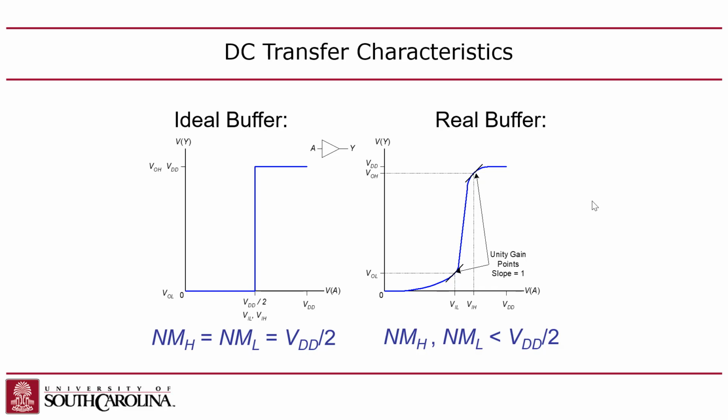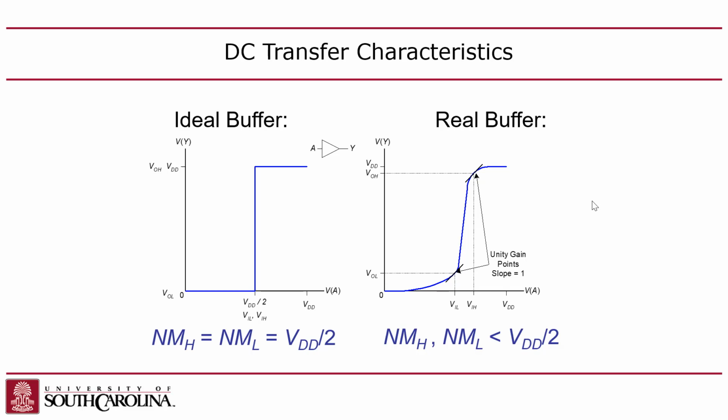And then if you look at the output, what's considered a 0 in the output is anything between 0 and VOL, right? So input low and output low, right? The thing is that the voltage input low, though, is generally higher than the voltage output low.